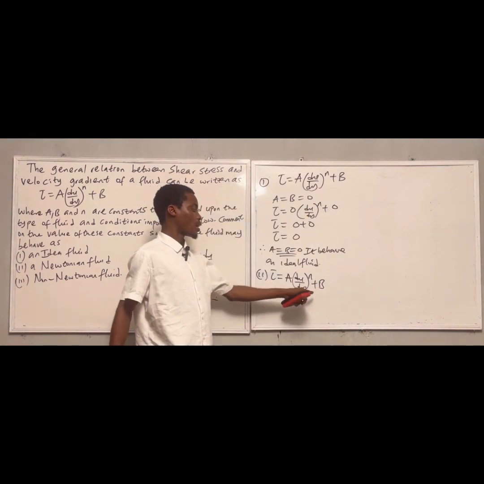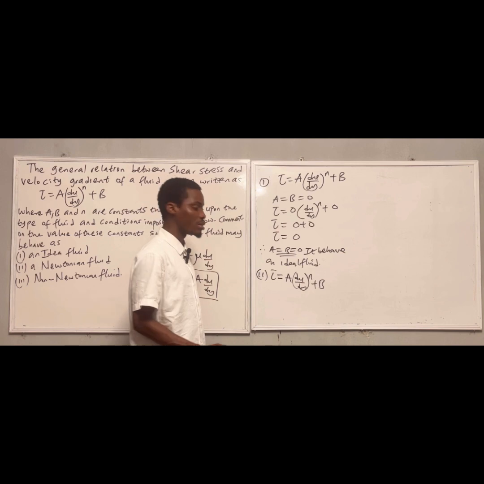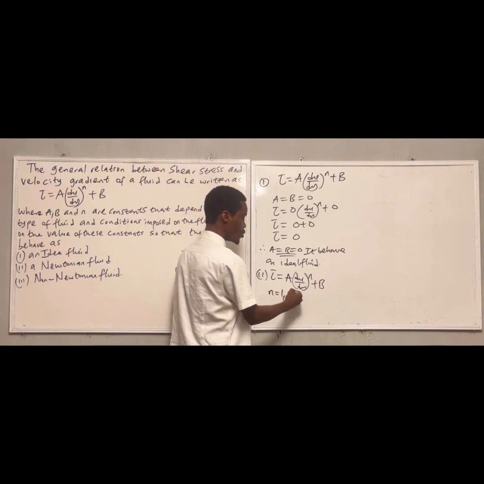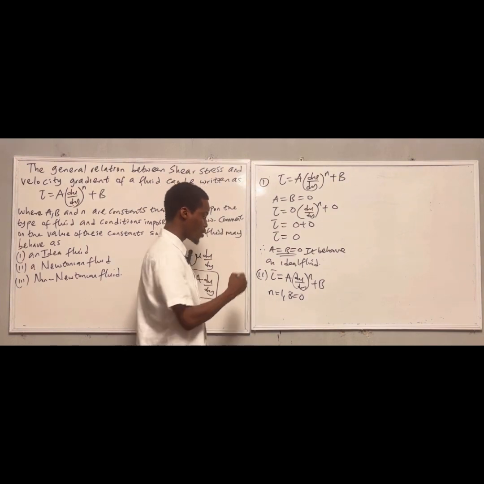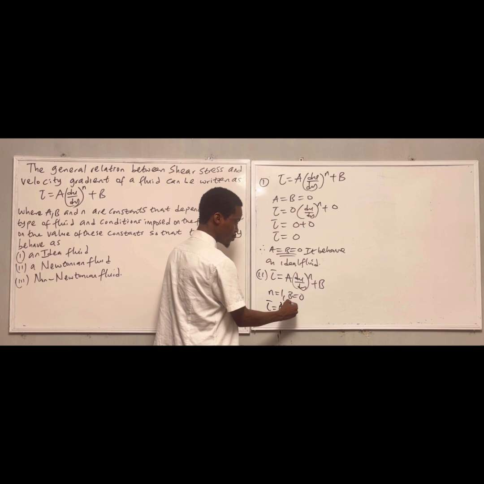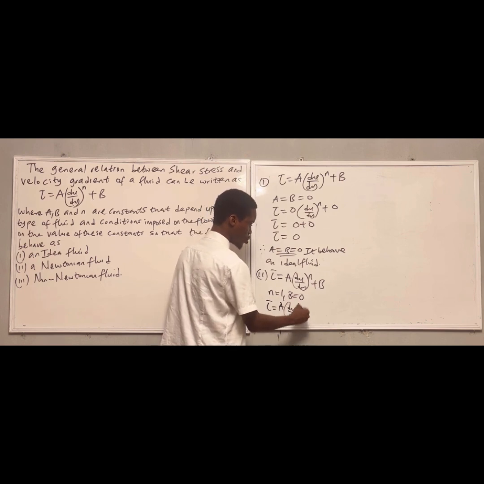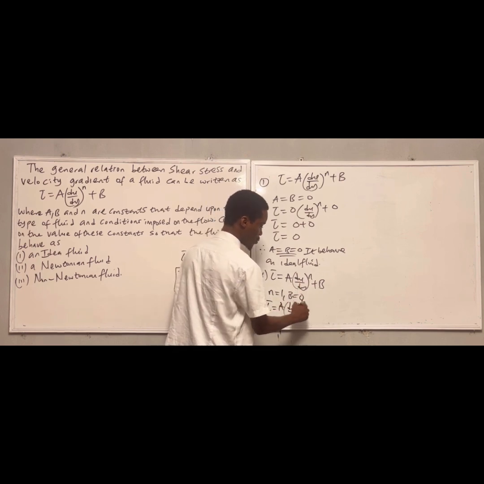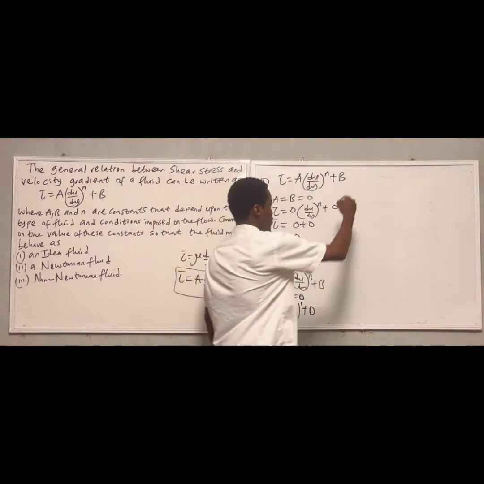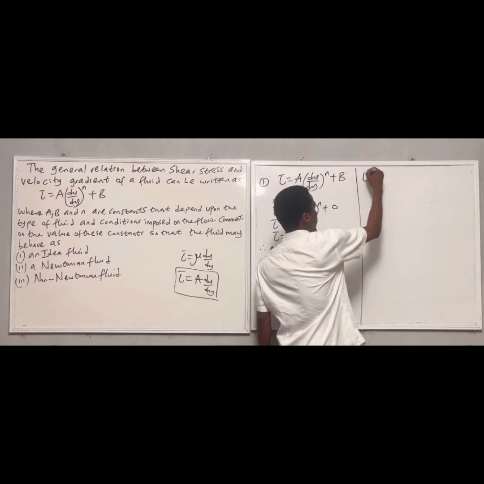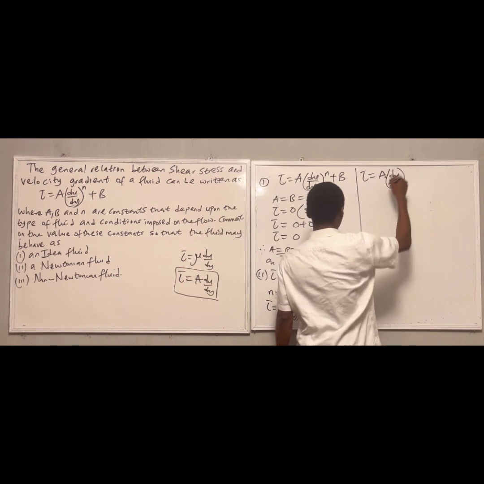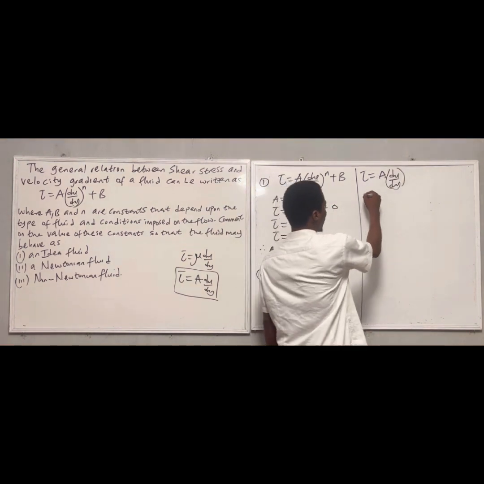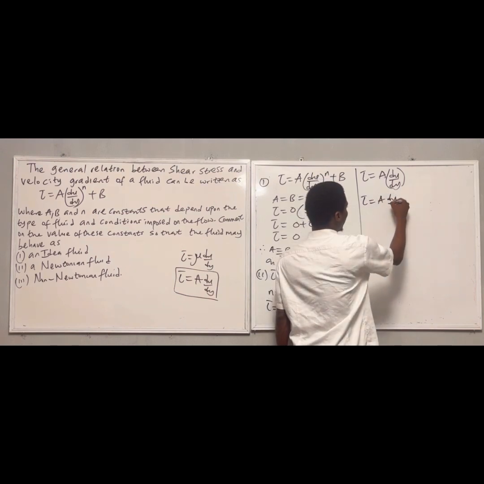We consider that n will be 1 and b will be 0. If we put n equals 1 and b equals 0, we are going to have shear stress equals A (du/dy)^1 plus 0, so tau equals A du/dy.